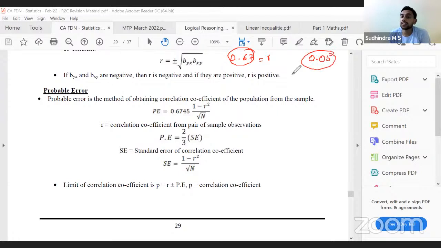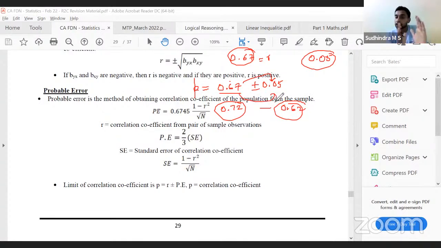Then the correlation coefficient of the population would be 0.67 plus or minus 0.05, which means it would be in the range of 0.62 to 0.72. How did we get these? 0.67 plus 0.05 and 0.67 minus 0.05.